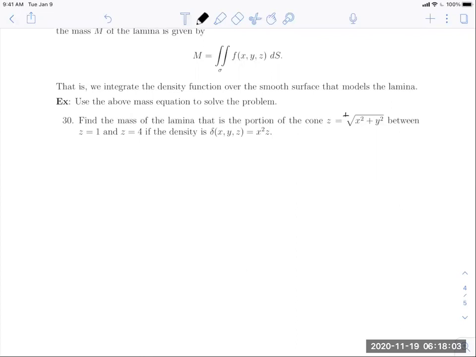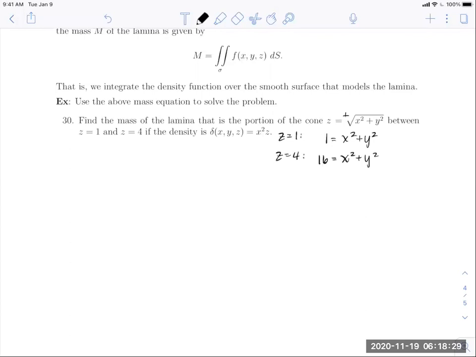So if I just look at the traces in z equals 1 and z equals 4, I get 1 equals x squared plus y squared if I square both sides. And I get 16 equals x squared plus y squared. So this is z equals 1, z equals 4.